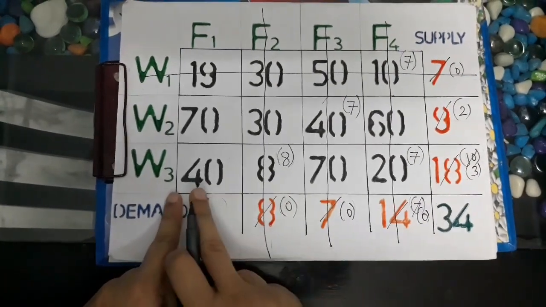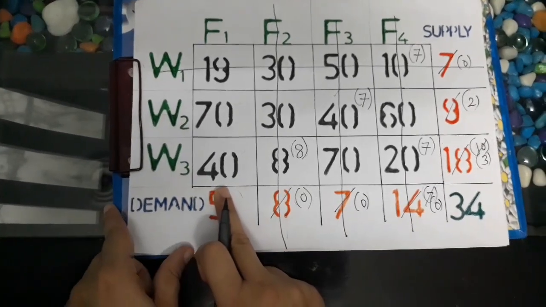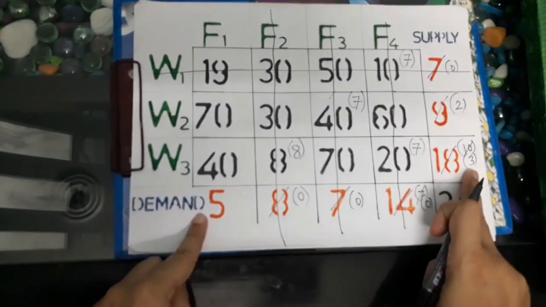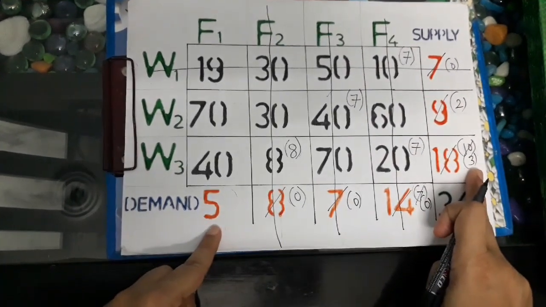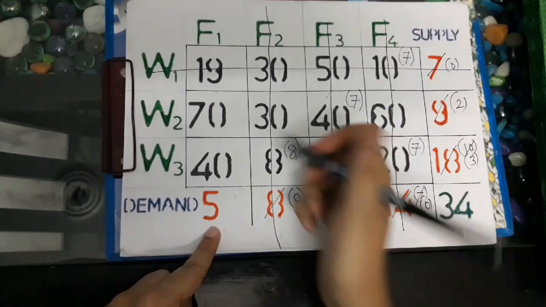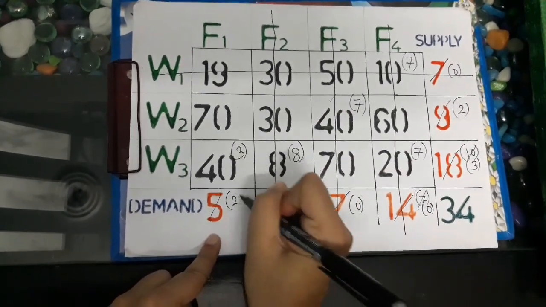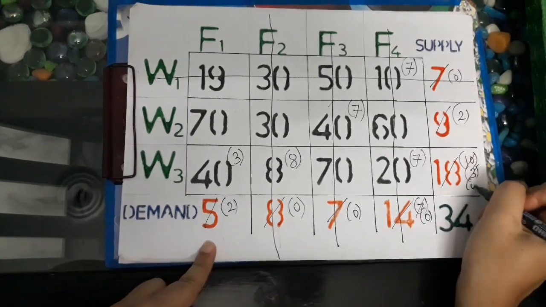Now the next minimum cost is 40 and the corresponding demand is 5 and supply is 3. So minimum of 3 and 5 is 3. So we allot 3 units over here. So 2 units are left and here this becomes 0.